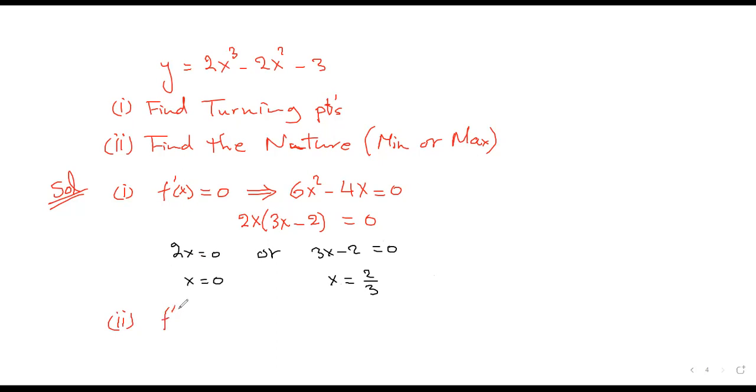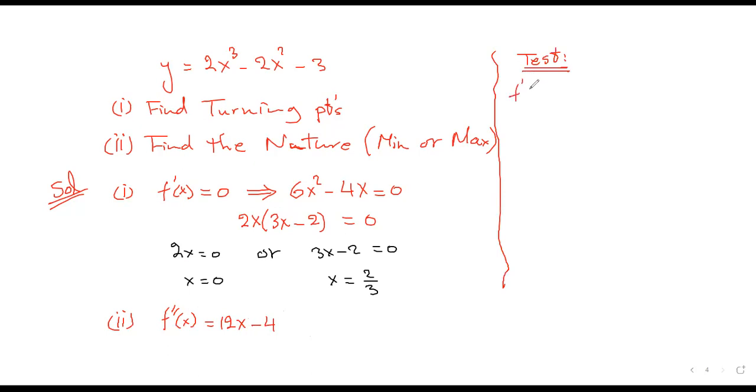So we'll do second differentiation for the x. This was your first differentiation. Second differentiation, differentiate this again. Now, 6x squared, that's a 12x minus 4. Now, that is a second differentiation. Let's apply the test. Let me write down the test again.